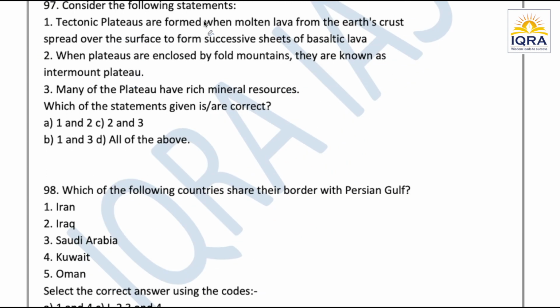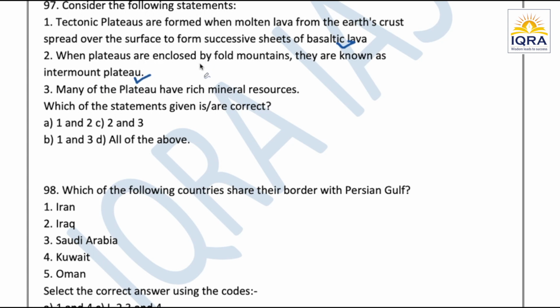Moving on to the next question, question number 97. Consider the following statements. Tectonic plateaus are formed when molten lava from the Earth's crust spreads over the surface to form successive sheets of basaltic lava. Okay, this is a correct statement. Statement 2 says that when plateaus are enclosed by fold mountains, they are known as intermountain plateaus. Yes, this is again a correct statement.